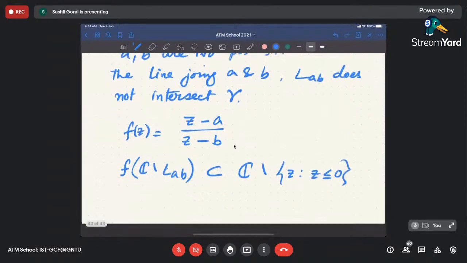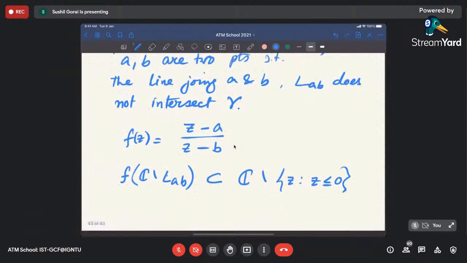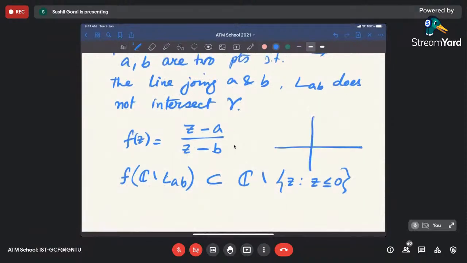So this image lies in this part. Have you seen a branch of logarithm?